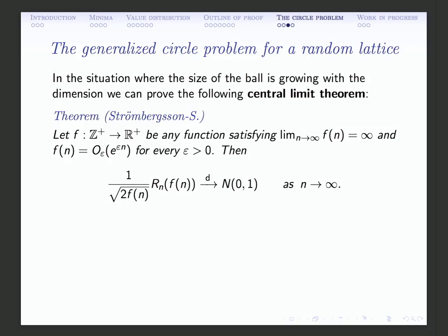So if you take f to be a function on the positive integers, tending to infinity, but not too fast. It must grow, but it must be sub-exponential.